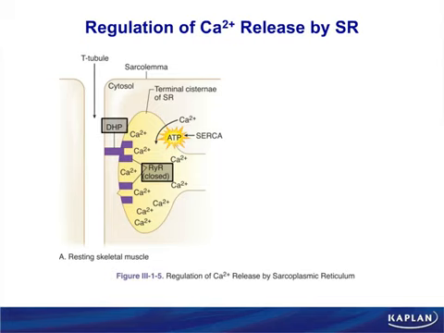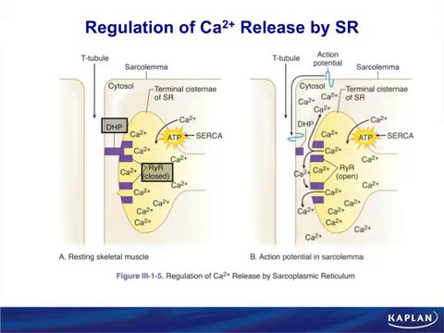Now, when an action potential hits the sarcolemmal membrane, so we now have a skeletal muscle action potential, notice how it dives down into the T-tubule. Well, the action potential is a rapid depolarization. It is a big voltage change. DHP is behaving as a voltage sensor.